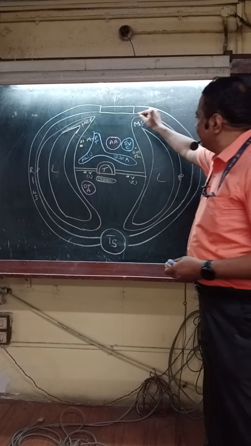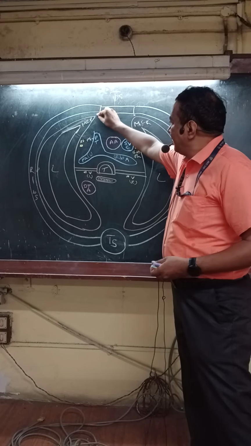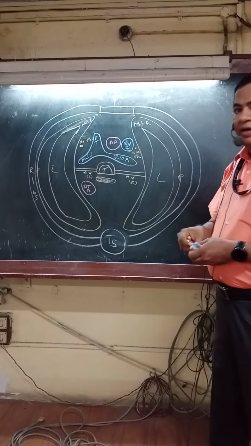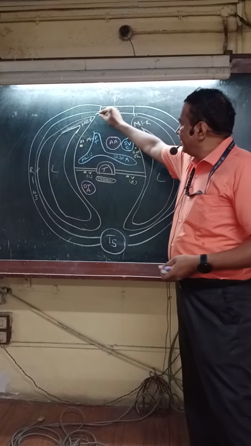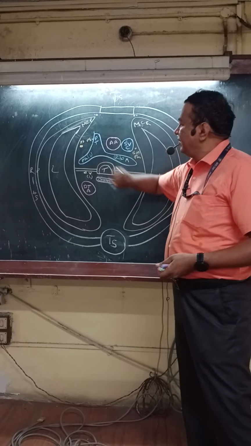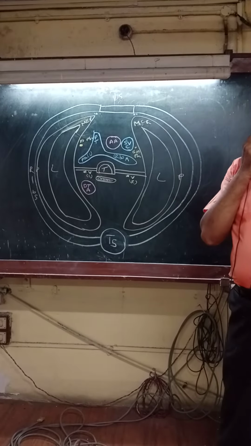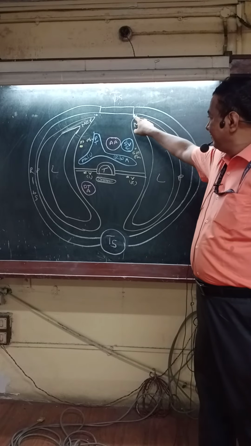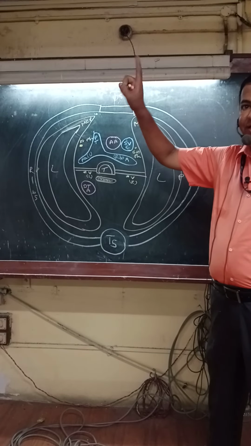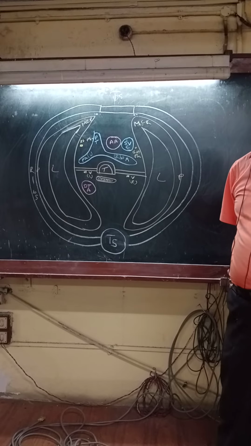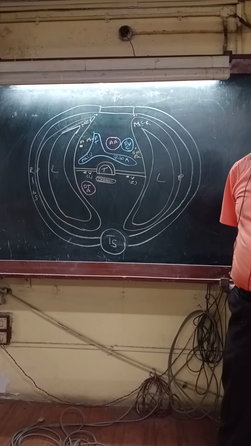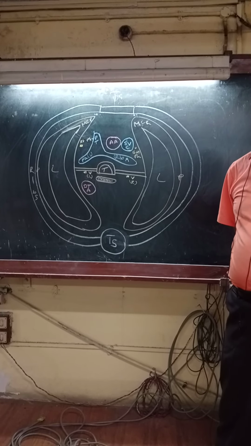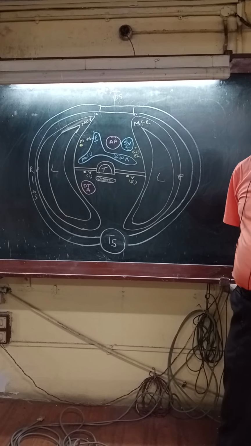Internal thoracic artery and vein. Just check whether the artery or vein is on the medial side. Internal thoracic vessels.